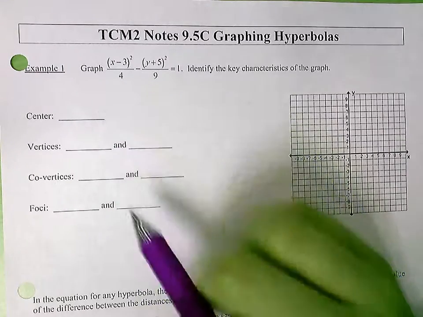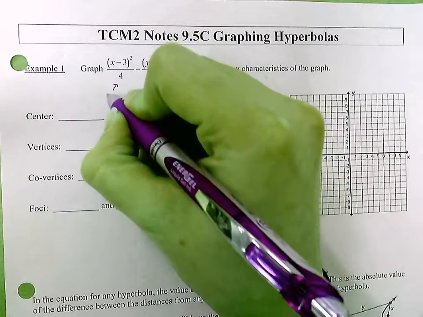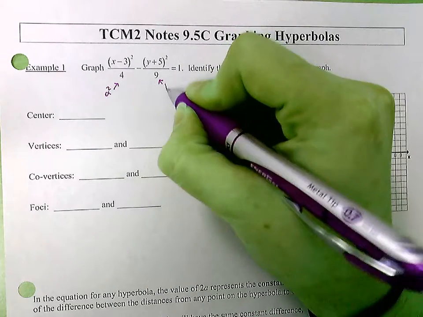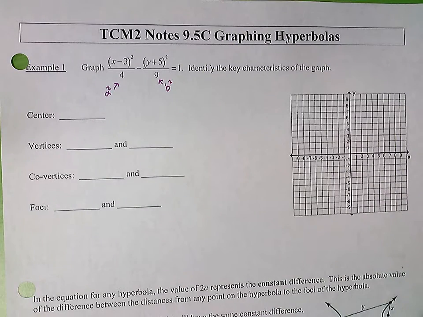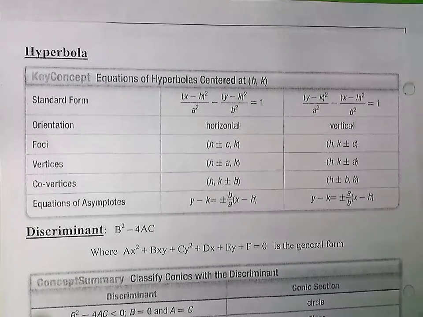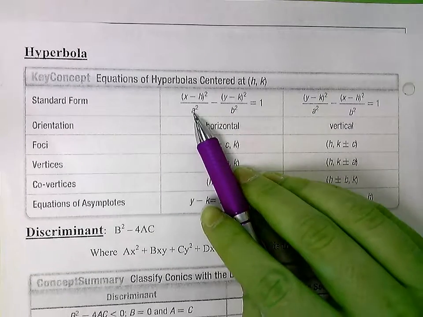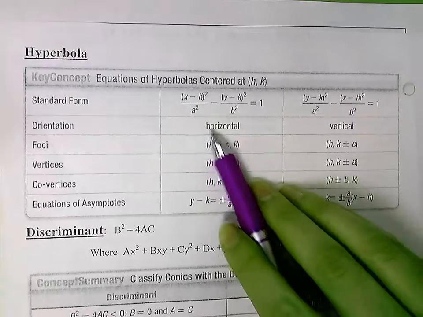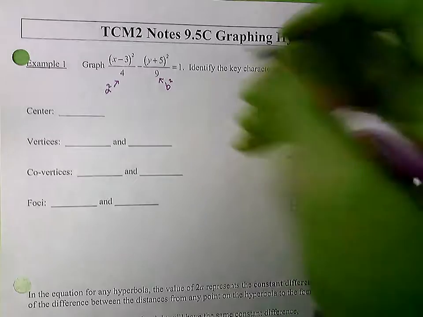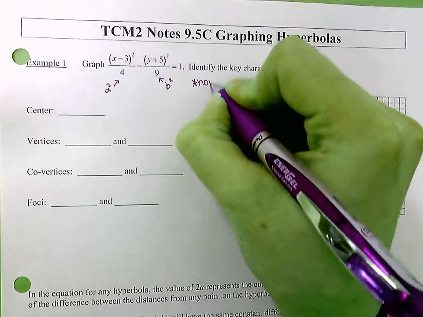Well, for hyperbolas, a squared is always going to be that first denominator, and b squared will be that second one. Okay, so now, since a squared is underneath x, if I look at my chart here, we have a squared underneath x, that is horizontal. So our hyperbola will be horizontal.